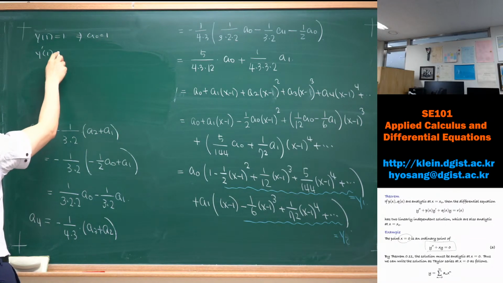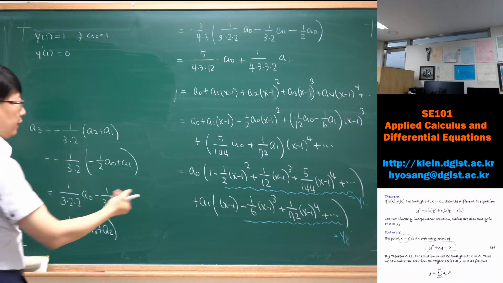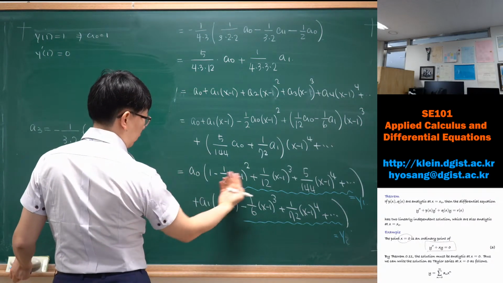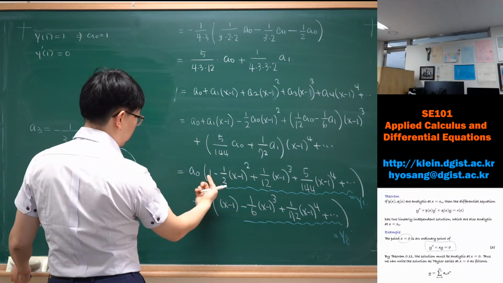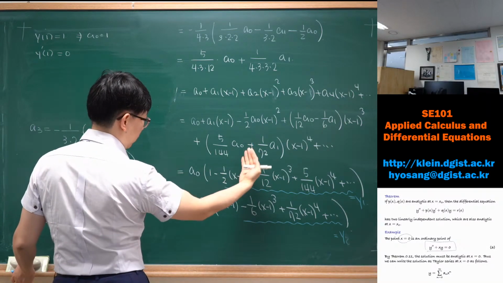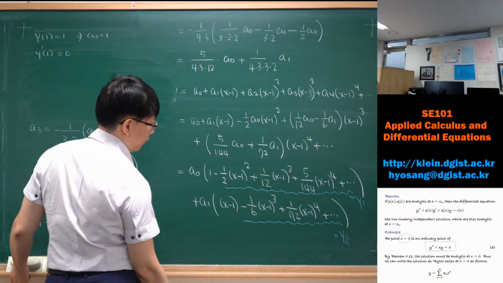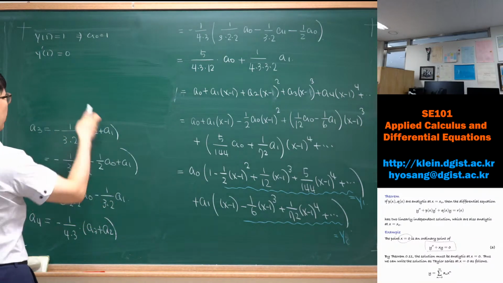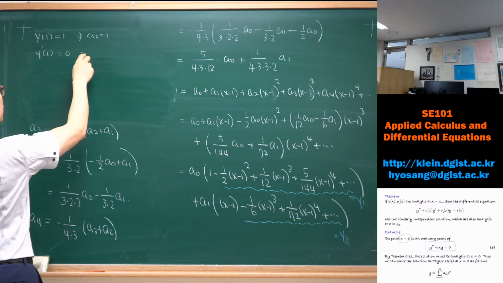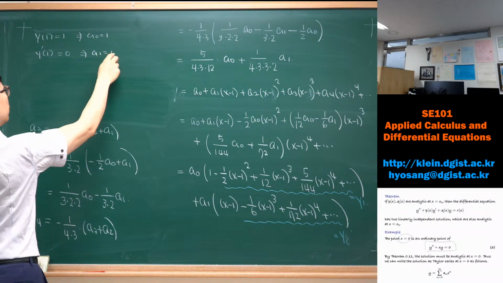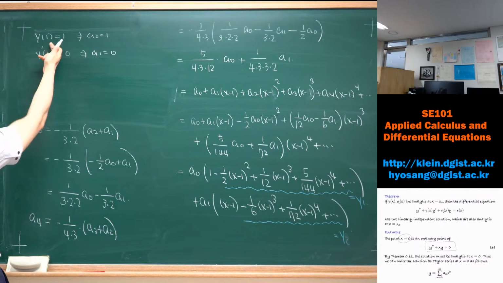And what happens if I plug in y'(1) equals 0? If I take a derivative with respect to x on these terms, the constant term disappears, and this becomes the degree 1 polynomial, and this one becomes 1, and everything else is of degree higher than 1. Therefore, only A1 survives. So A1 equals 0.